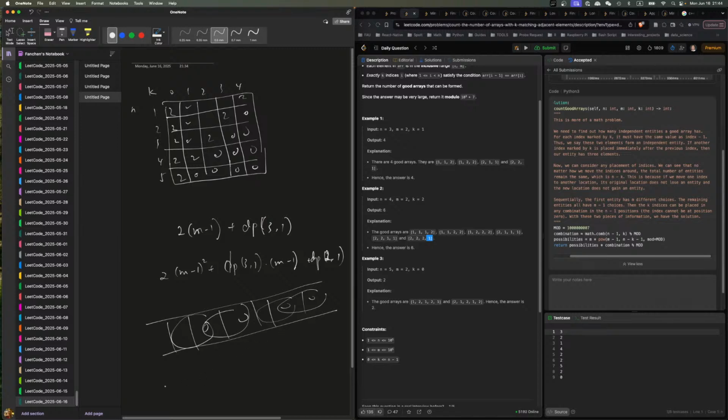If we take k positions, the remainder is n minus 2k, if there's no overlap. N minus 2k, that's the remainder position, right? They all are independent entities. And then plus the k entities, so we have n minus k entities.